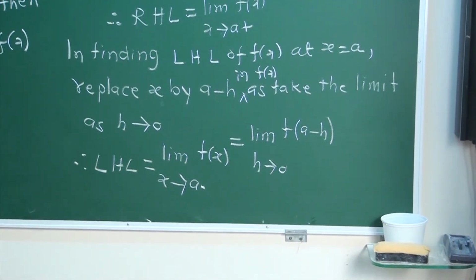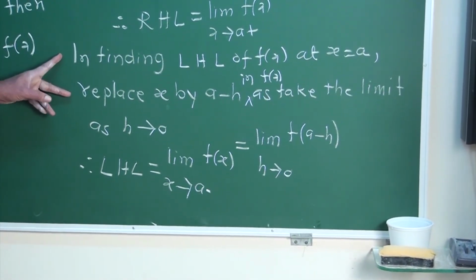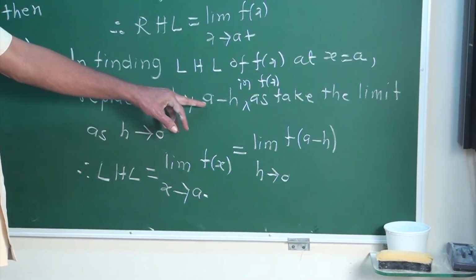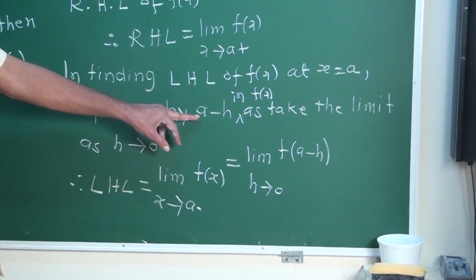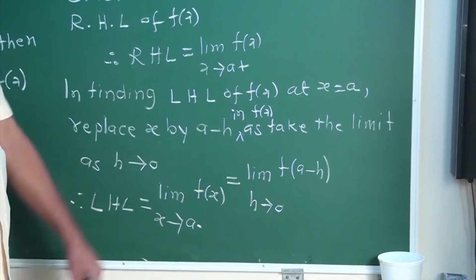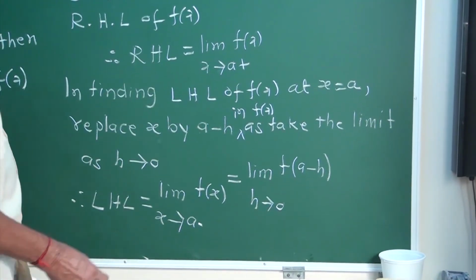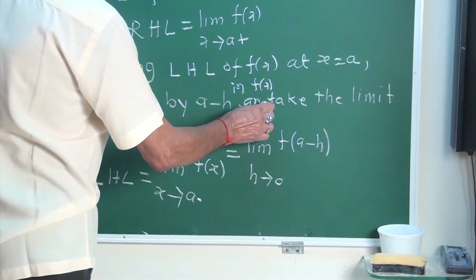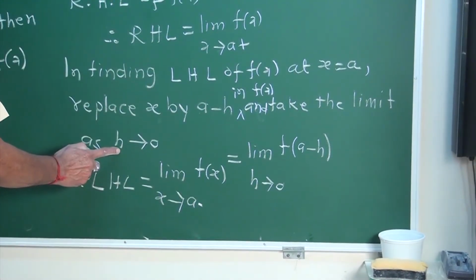Similarly, I don't want to write in detail. In finding RHL, replace x by a plus h in f(x) and take the limit as h tends to 0.